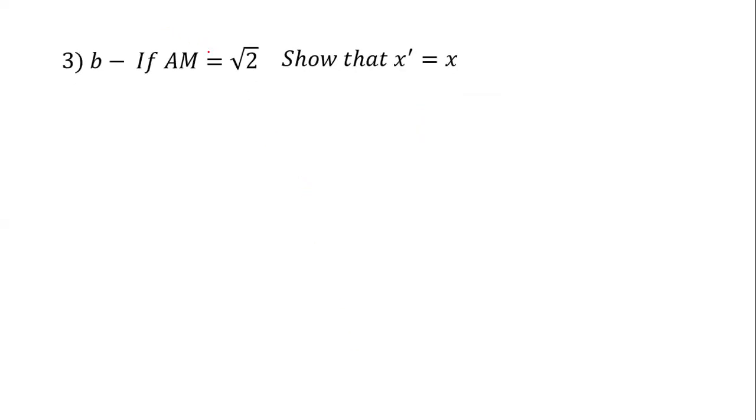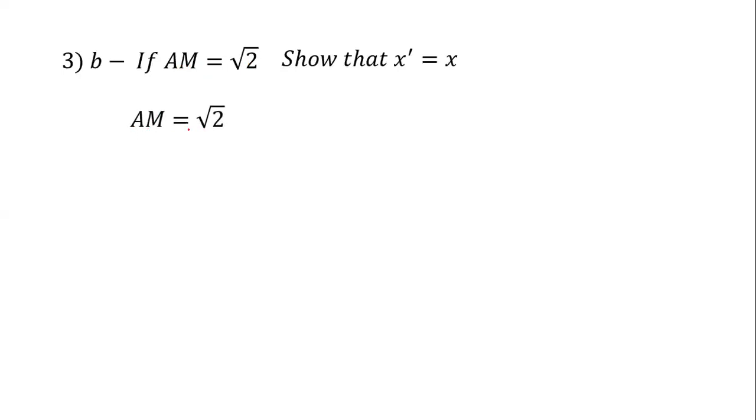Given that AM is equal to radical 2, based on this given, I have to show that x prime is equal to x. AM is equal to radical 2. It's about modulus or distance between 2 points.